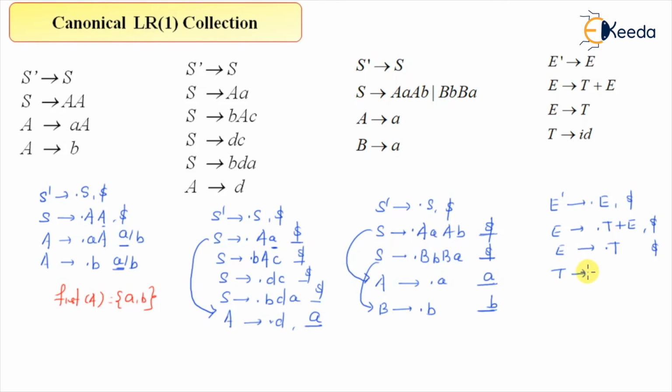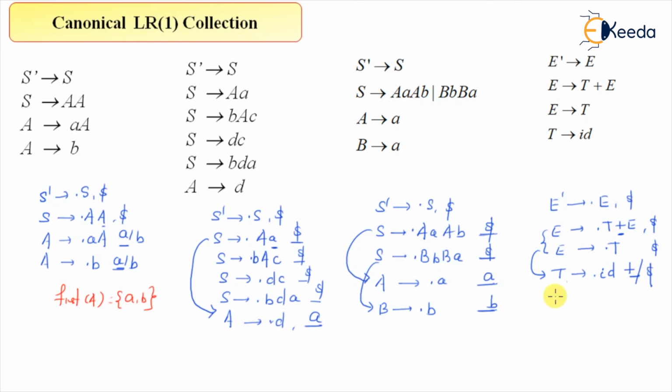There are two productions with a dot in front of T. What should I write here? There are two different cases. I can copy this id by expanding this one, and this time it is followed by a terminal which is plus. Another situation is that it is coming from this one, and after T nothing is there. In that case it will be only dollar. So there are two situations why I am adding this.